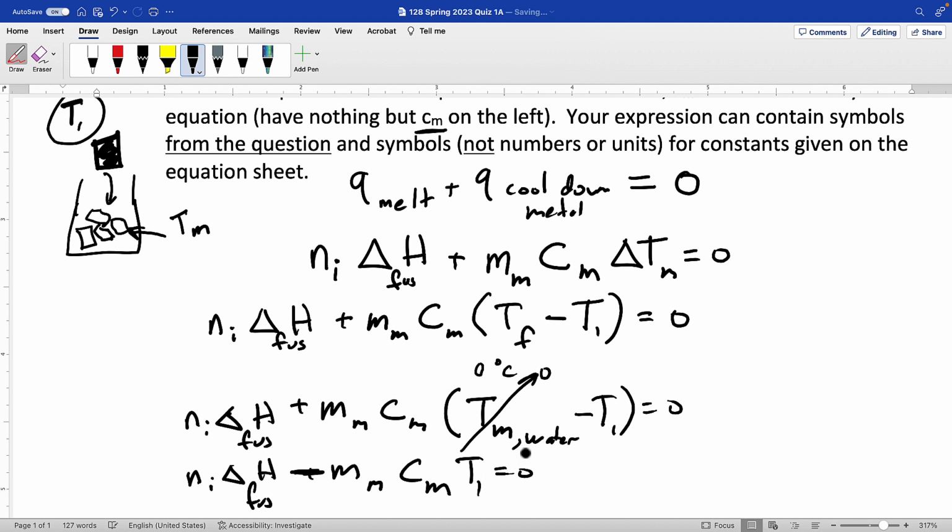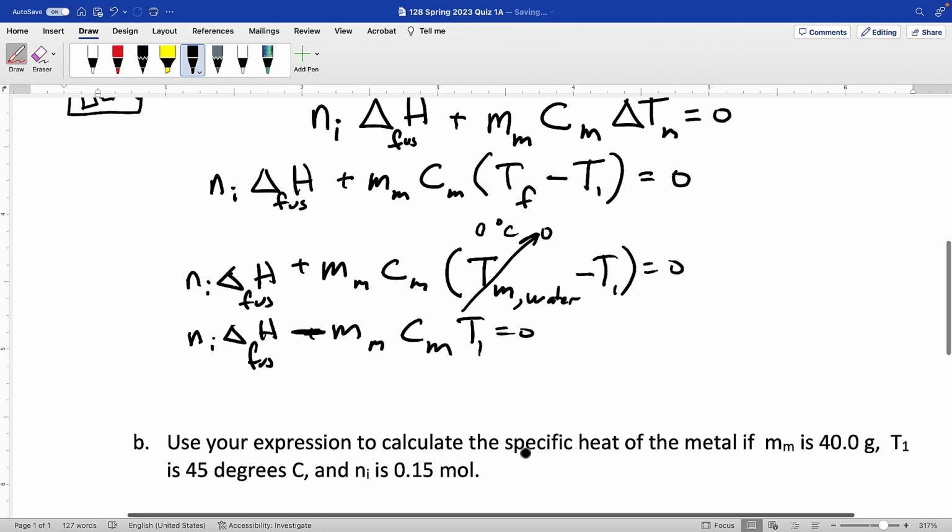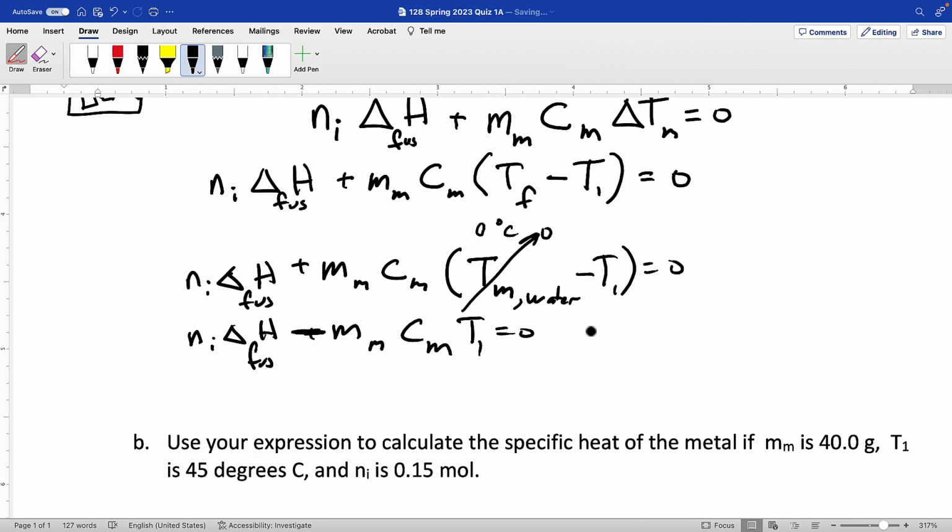is equal to 0. So if we move that term to the other side, if we add M C T to the other side, it's going to become positive, right? So we're going to have N ice delta H of fusion is equal to M metal C metal T1, and now we can just solve for our unknown, the specific heat of the metal.